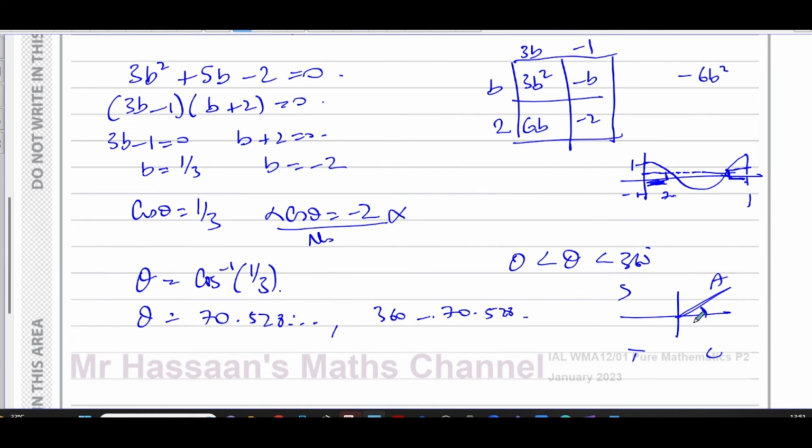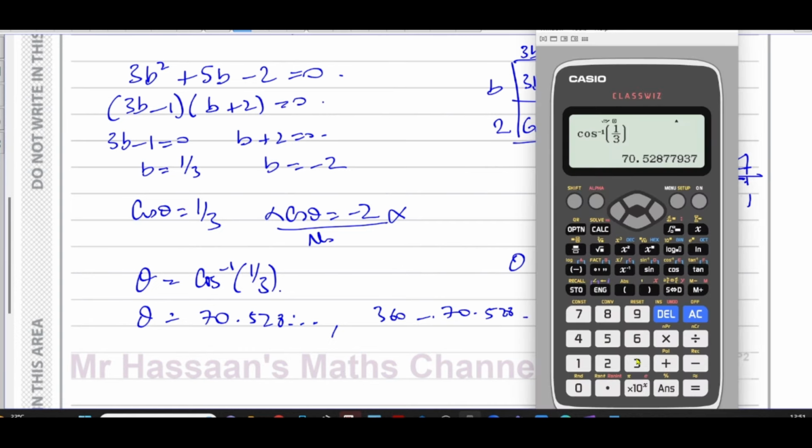We're looking for the angle from there to there. This is the same as that, so it's 360 minus this angle. From there to there is 360 minus 70.528. So we take our answer that we got and we do 360 minus the answer. And that gives us 289.471.